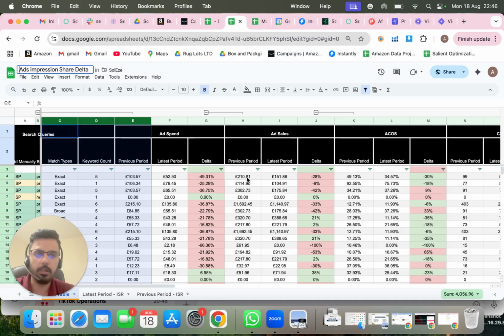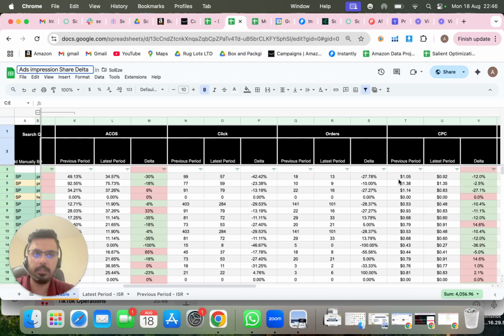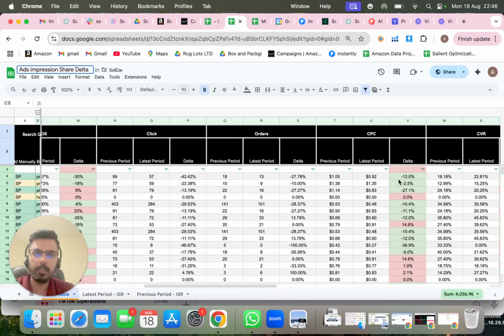We call it the delta report because it gives us the data against the system, so we will know exactly what it spent in the previous 7 days, what it has spent in the last 7 days, and what the difference is: the sales difference, the ACoS difference, clicks difference, order difference. Then club that together with the ranking, and you will know exactly what's wrong with your product, and then you can make the funnel that will be useful for your product.